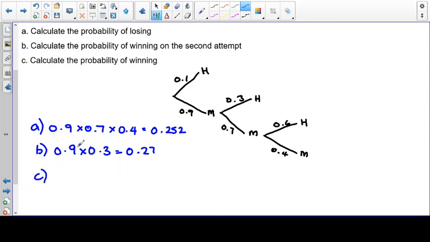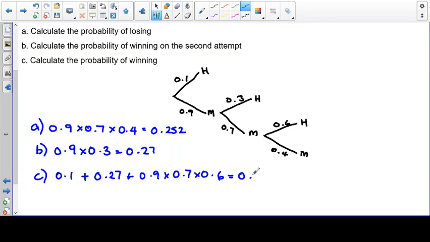Calculate the probability of winning. Well, either we can hit it on the first attempt, or we can get it on the second attempt, which we've just worked out, or we can get it on the third attempt, which is 0.9 times 0.7 times 0.6.